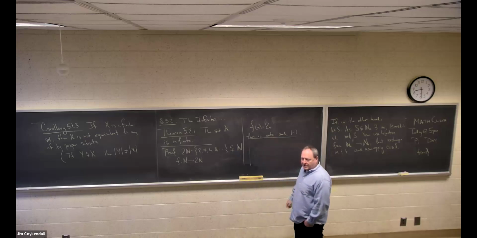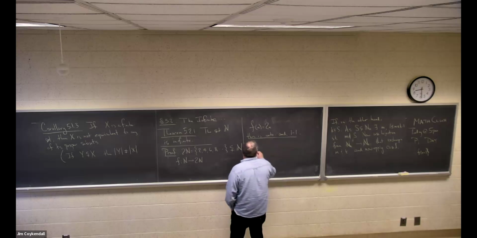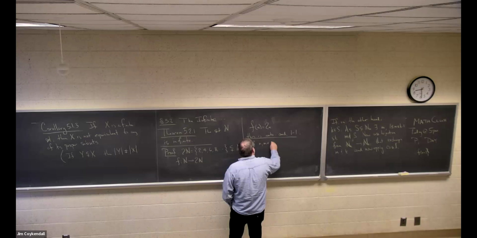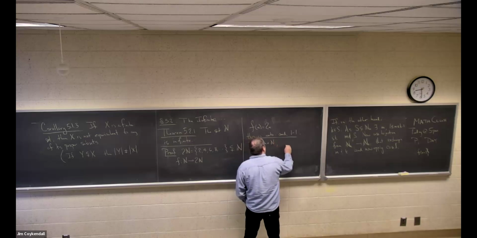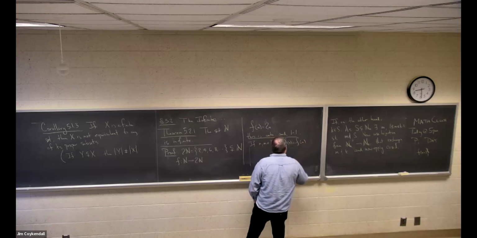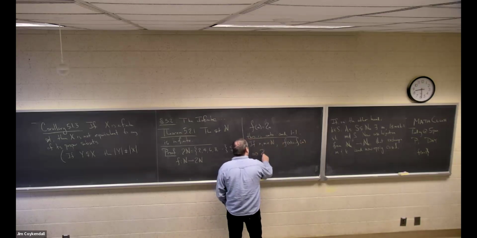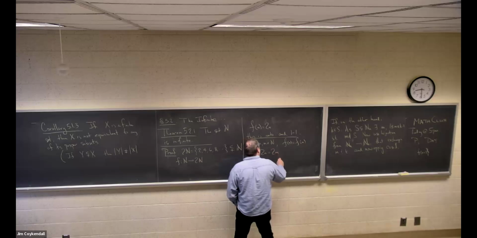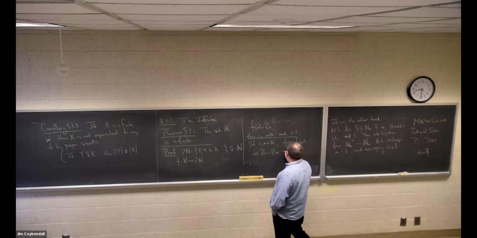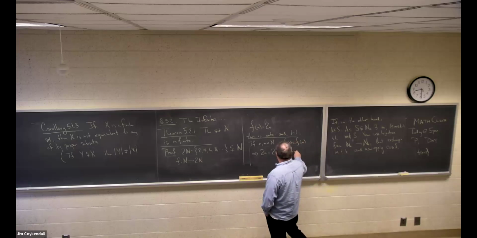So one is right. That makes the function injective: 2n equals 2m implies n equals m.